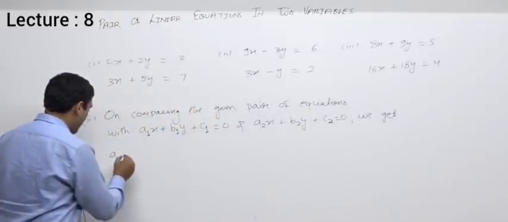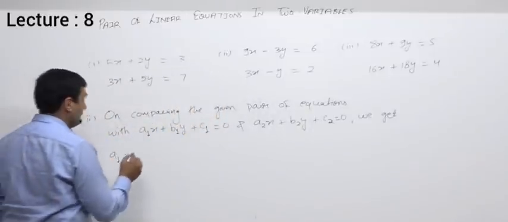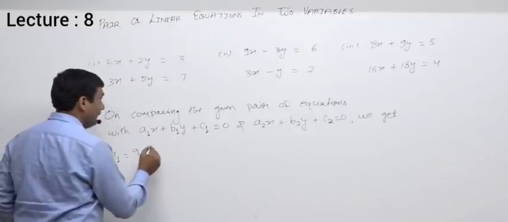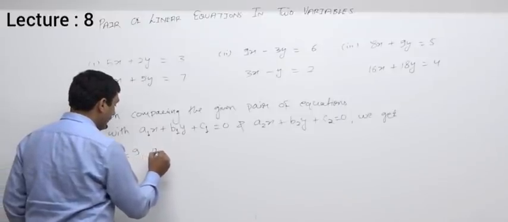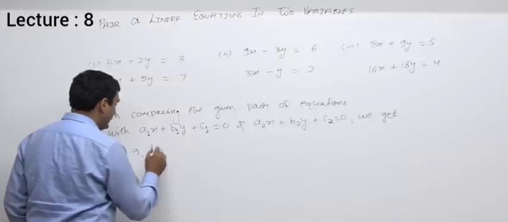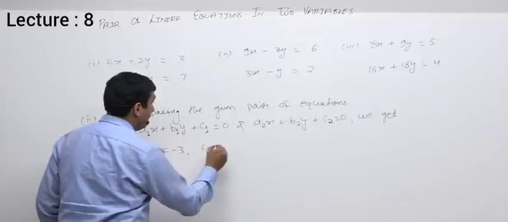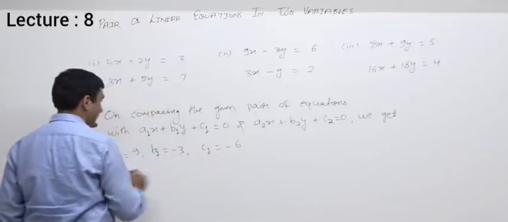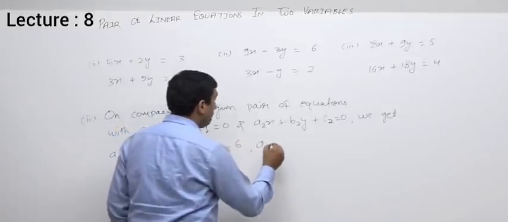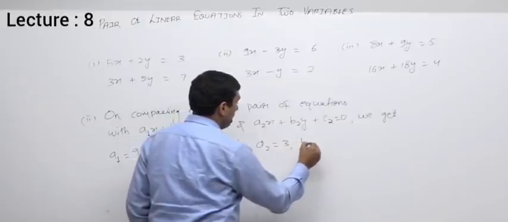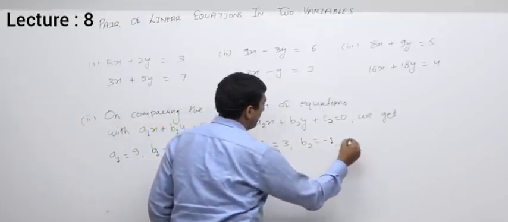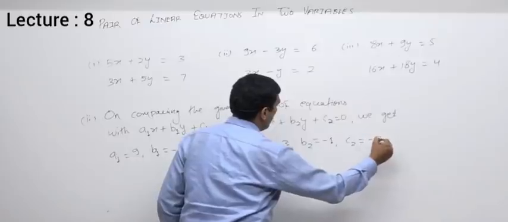We'll get a1 is equal to 9, b1 is equal to minus 3, c1 is equal to minus 6. Also we get a2 is equal to 3, b2 is equal to minus 1, c2 is equal to minus 2.